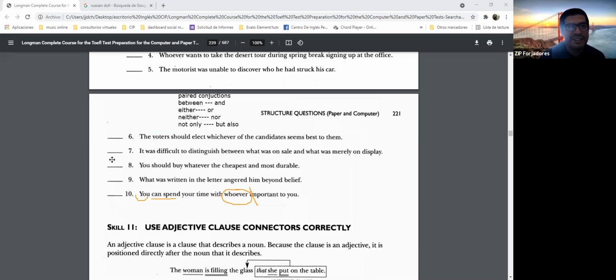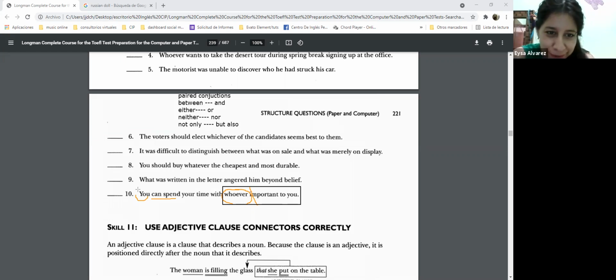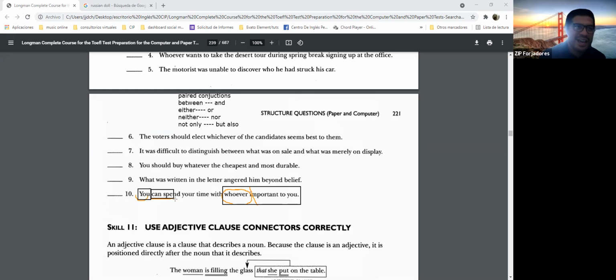So you can only use "is". "Important to you" is correct. In this case, remember this noun clause is the object of the preposition with. The subject is you, the verb is can spend, the object is your time, and the prepositional phrase is with whoever is important to you.